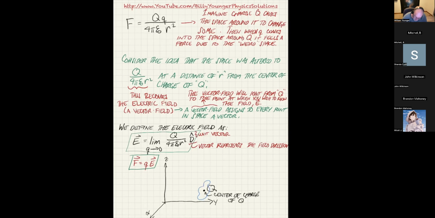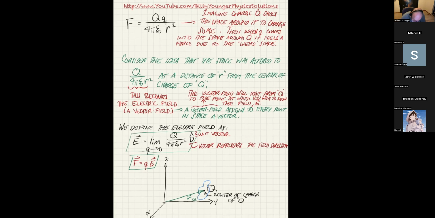And what I'm going to do with this is specify a vector that's called R sub Q. Notice it just comes from the origin and points to the charge causing the electric field.